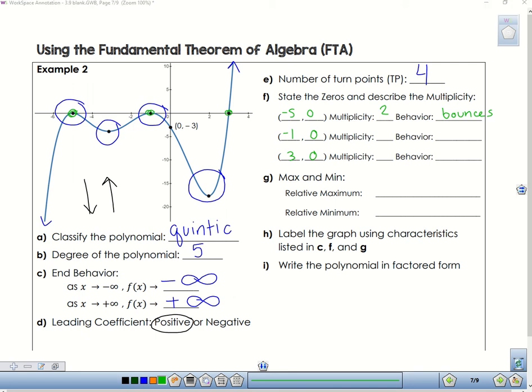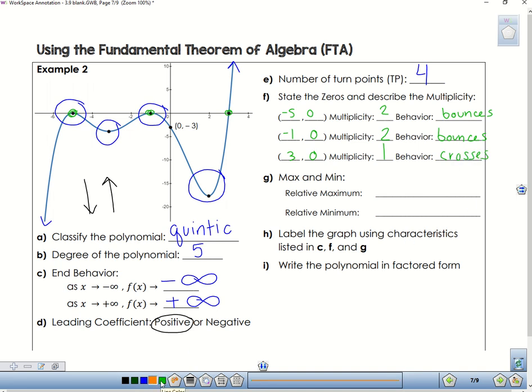Okay. So, next we're going to look at the multiplicity of negative 1. What do you guys think? Good, 2. And it bounces. And what about the multiplicity of 3, 0? 1. And what does it do here? Crosses. Very good.